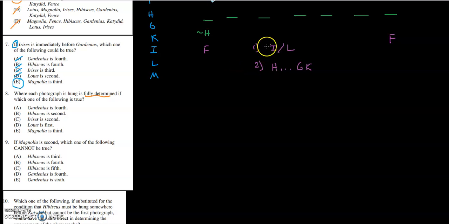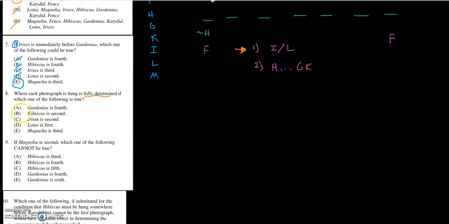Okay? So let's think about what is preventing us right now from having only one specific place where all the pieces would go. To me, the big issue is this rule right here, I and L, because it doesn't specify which one has to come first. It could be I first and then L, or L first, then I. This is a problem. So my gut hunch would be to look for a rule that would address this particular thing.